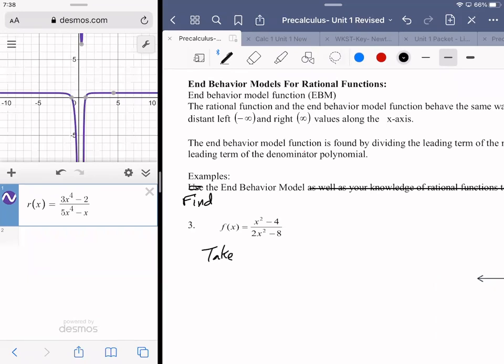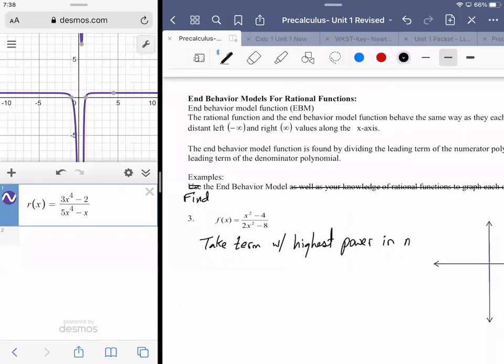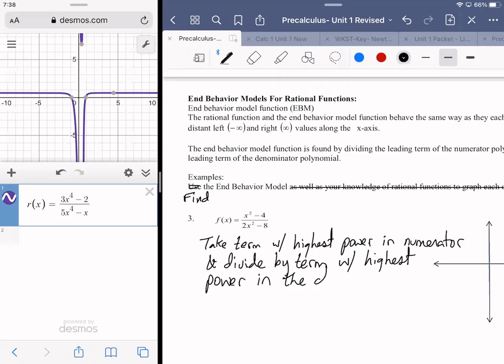So take the term with the highest power in the numerator and divide by the term with the highest power in the denominator. And simplify.